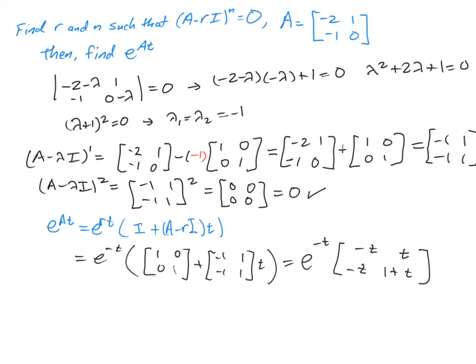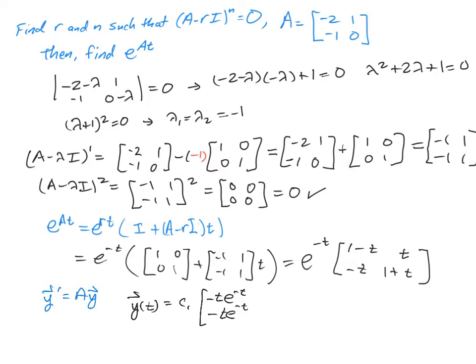And we can go ahead now and find our solution of our differential equation, y prime equals A times y. That would just be y of t is equal to c1 times the first column vector, which is (1 minus t) times e to the -t, and then -t e to the -t. Actually, that was a 1 minus t, wasn't it?